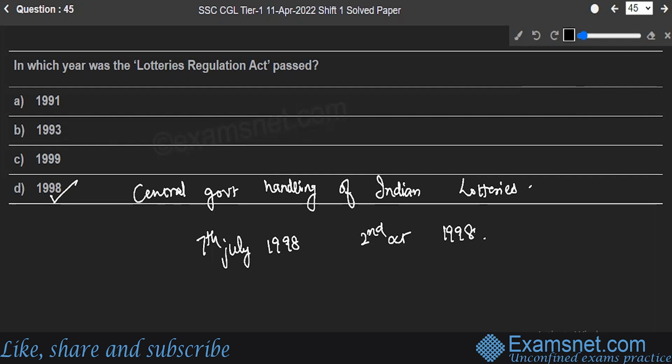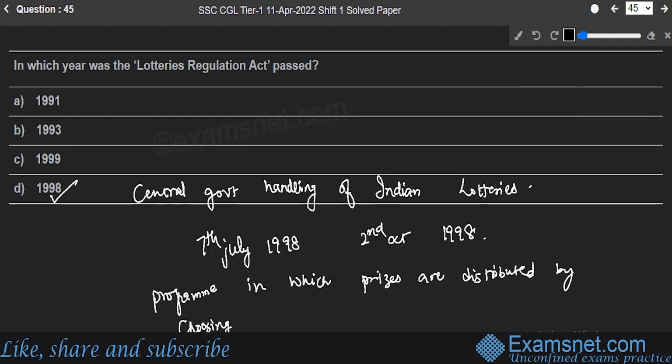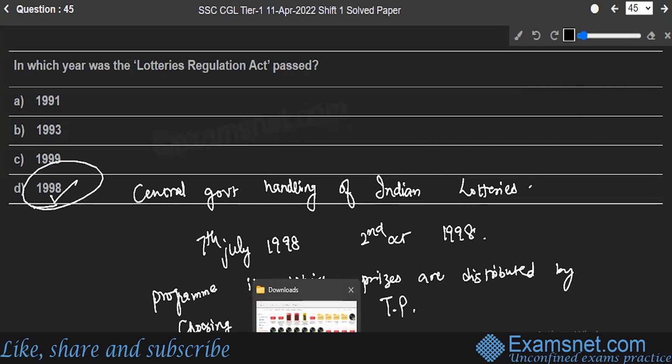According to Section 2B of the Lotteries Regulation Act, a lottery is a program in which prizes are distributed by choosing the fate of ticket purchasers by lot or by chance. So this option, 1998, is the correct answer for this question.